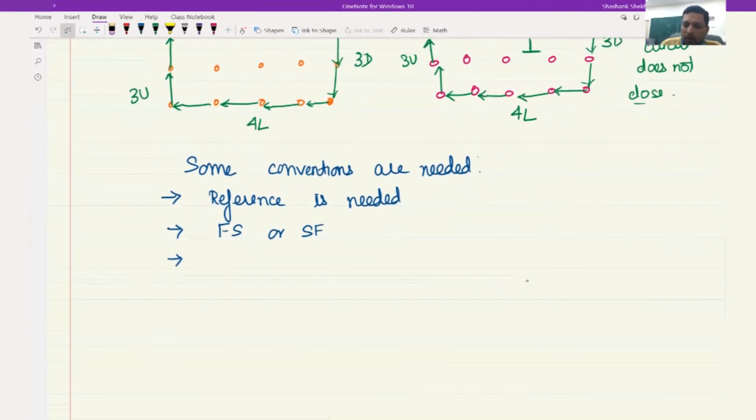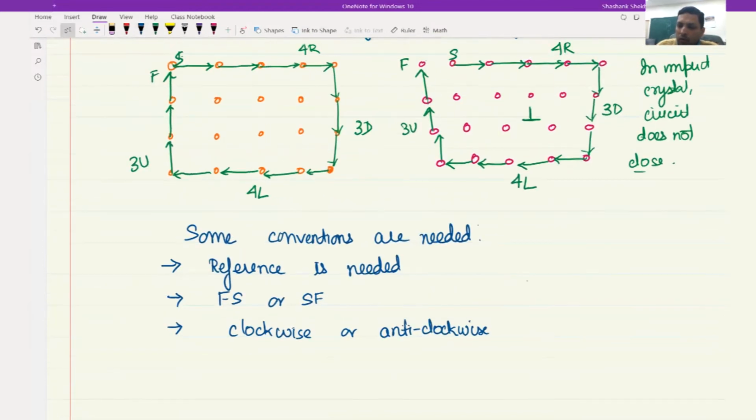Then you have to establish whether you want to go clockwise or anti-clockwise for the circuit. Then there is also this line vector that is coming out from here. So whether we are drawing with respect to the positive line vector, looking into the positive line vector, or looking into the negative side of the line vector.